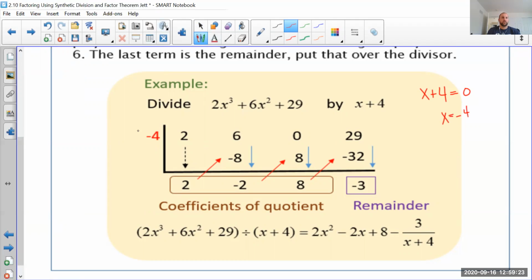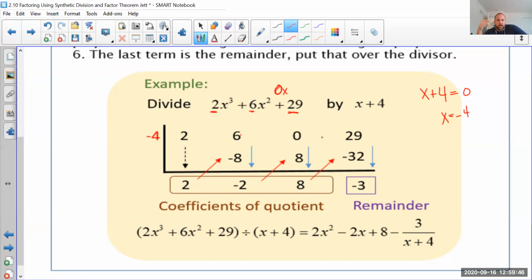So I put that -4 here. We put all of our coefficients and constant in here without the variables. Remember, right here we're missing an x, so we have to put that 0 in to represent that x. So I put my 2 here, my 6 here, my 0 here, and my 29 here.